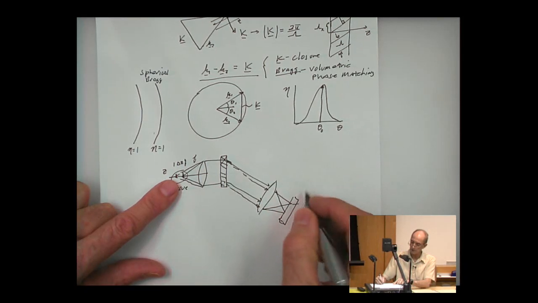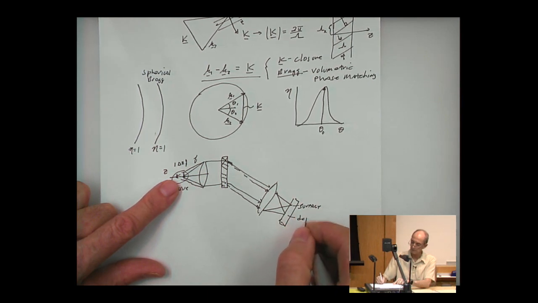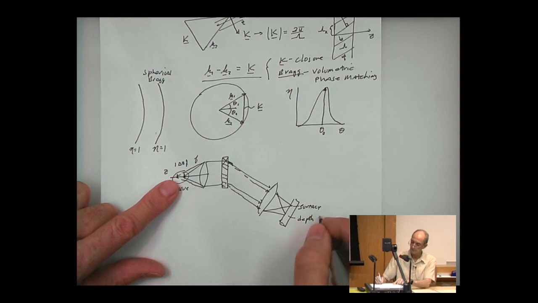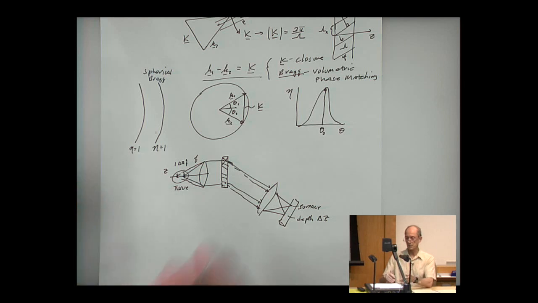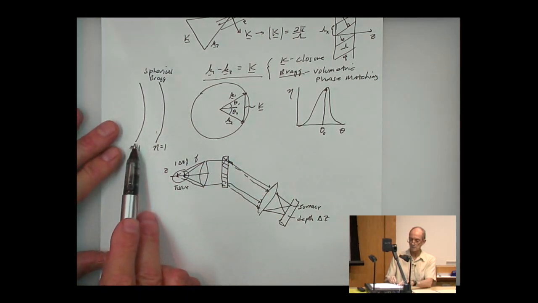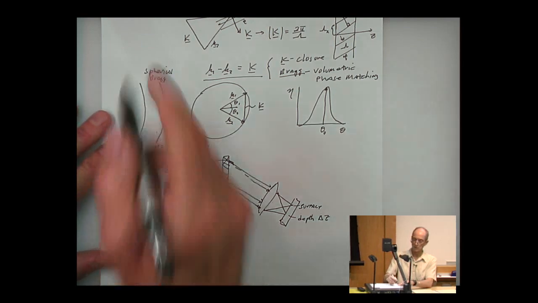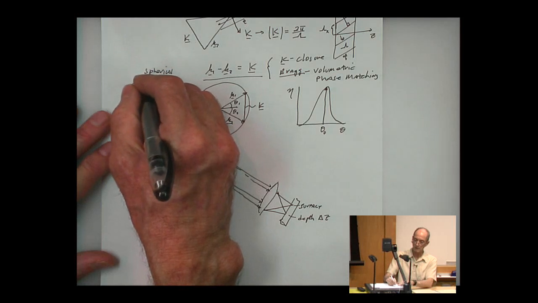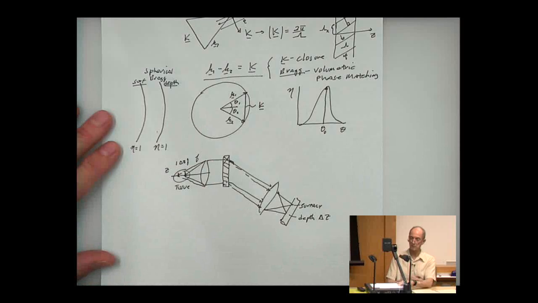Say this one corresponds to the surface here, and this one is at some depth, delta Z. So if we were to illuminate this with a laser, for instance, we would end up with just these two stripes. One would correspond to the surface, and the other to the depth region in that tissue.